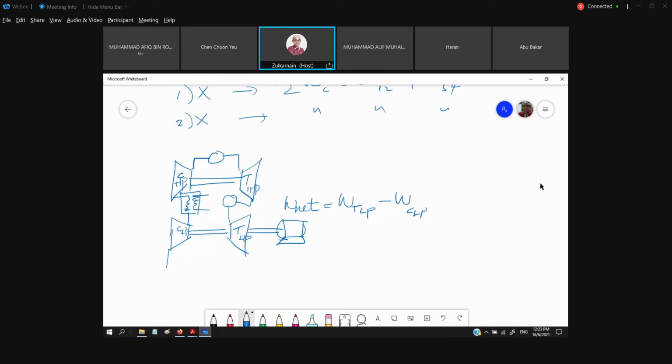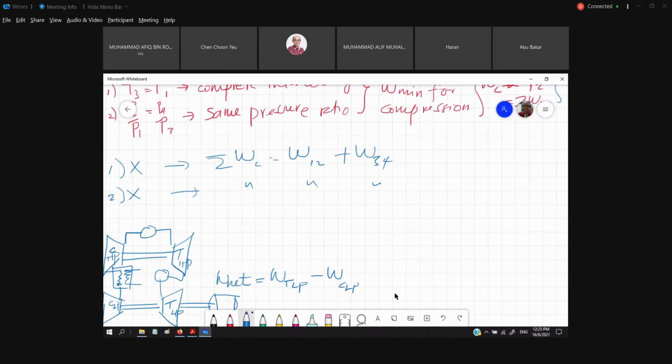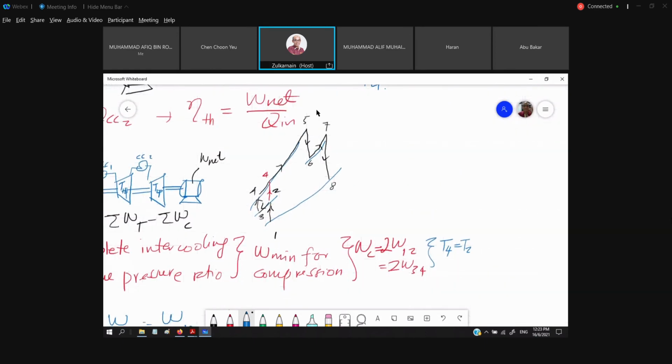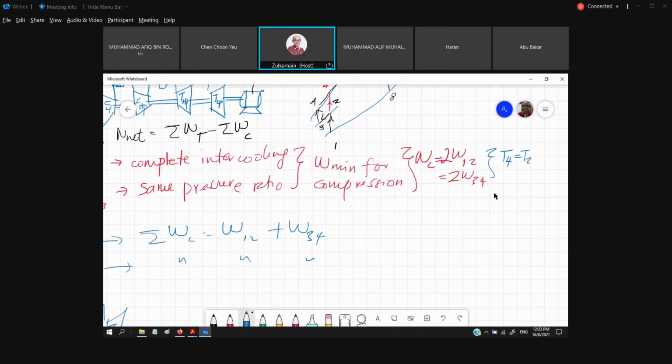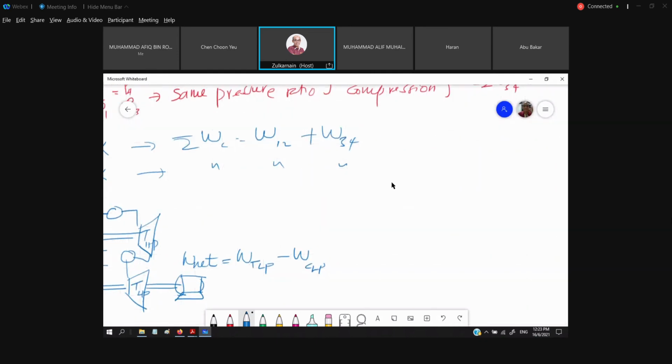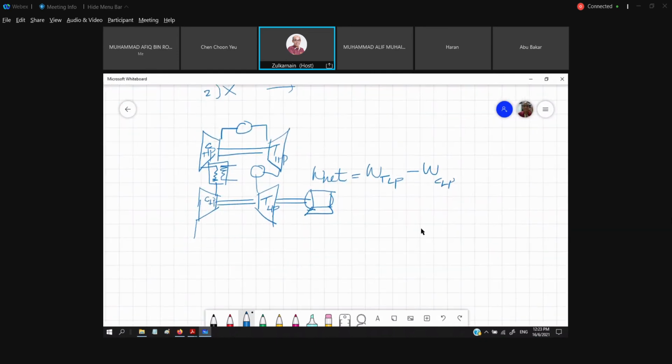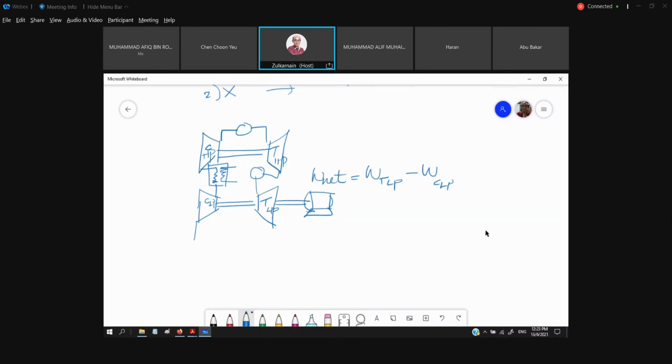So as far as the TS diagram is concerned, we are going to have the same TS diagram, but the arrangement is different. So what does this arrangement imply? The arrangement implies that we could get the relationship between the turbine work and the compressor work.